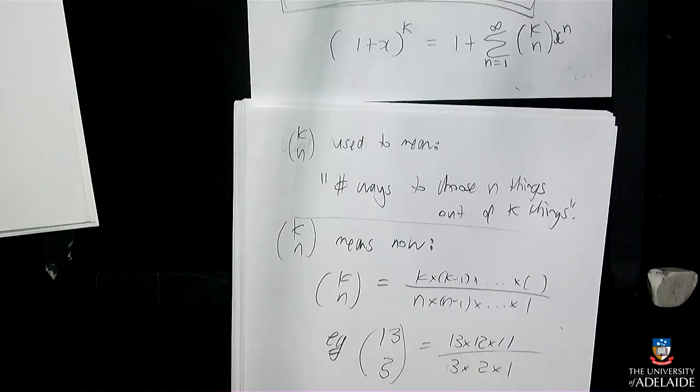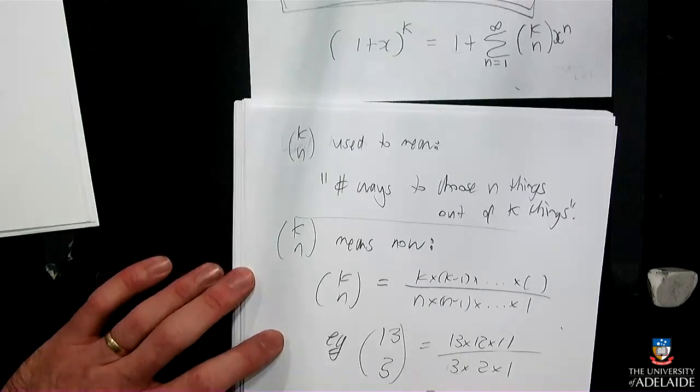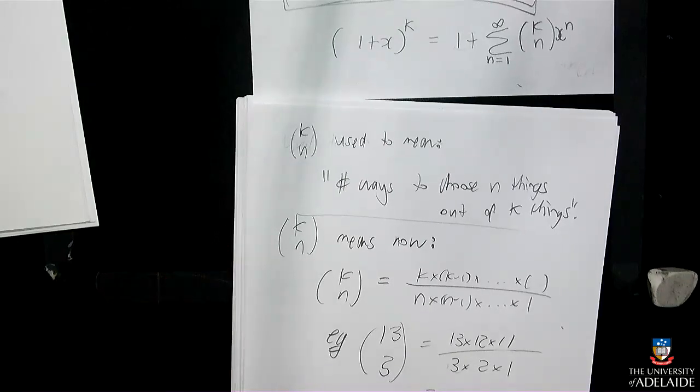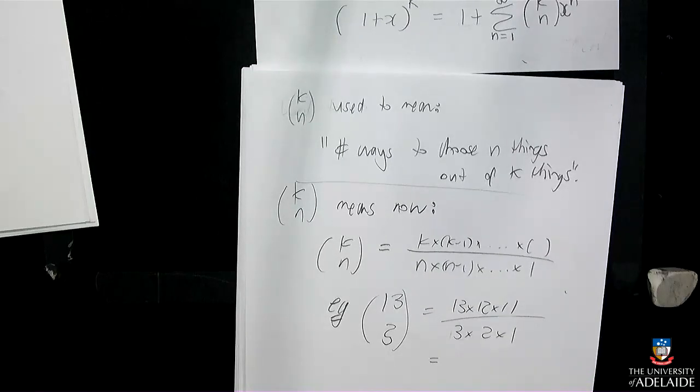And that's the answer, whatever that number is, which is whatever 13 times 11 times 2 is. 13 times 11 is 143, times 2 is 286. Okay.